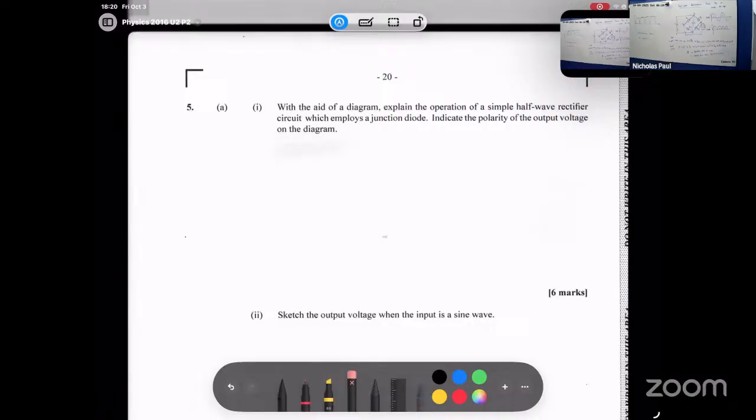With the aid of a diagram, explain the operation of a simple half-wave rectifier. You can handle that? A simple half-wave rectifier.